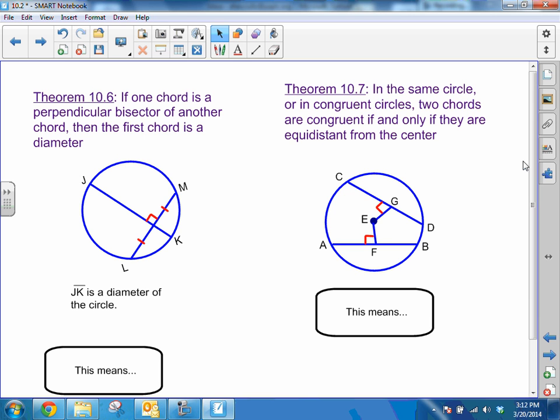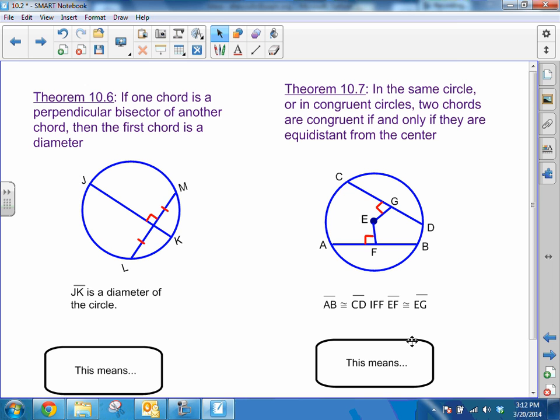So we're looking for AB is congruent to CD because, and it's going to be three blanks. We need some letters in there. What two things are going to have to be congruent if it's true that the chords are equidistant from the center? Think what you think. Very good. That's what it means to be equidistant.